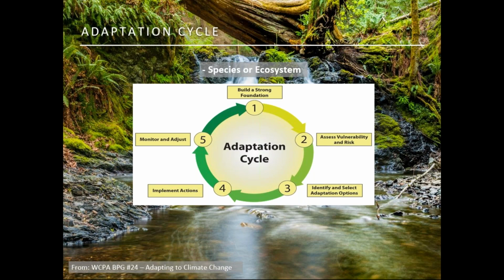So the first step is to build strong foundations, either focusing on species or ecosystems. But you have to have all the elements of it. The second part, obviously, is to assess the vulnerability and risk, by assessing exposure, sensitivity, and adaptive capacity of that element that you chose, either species or ecosystems of a specific PA.